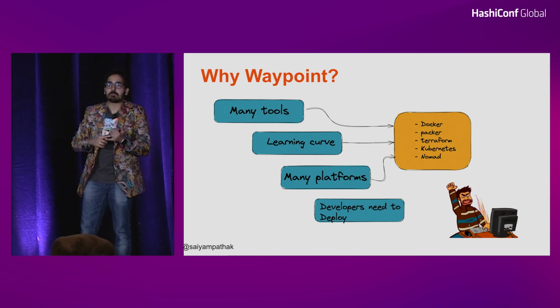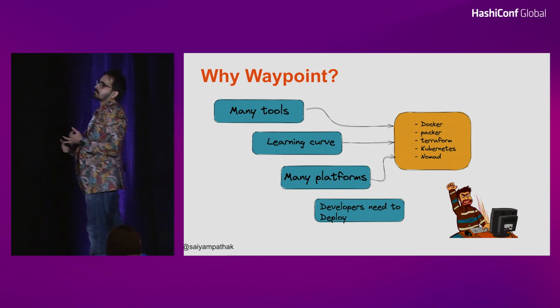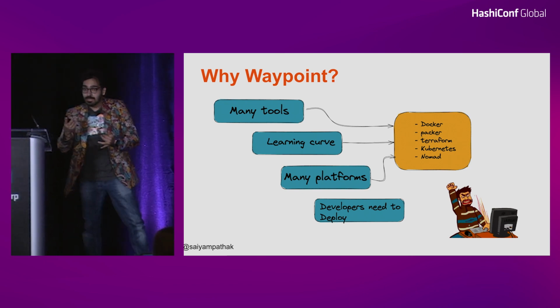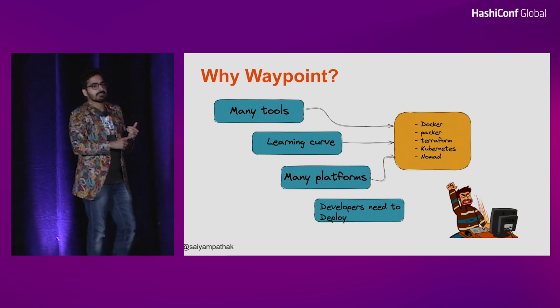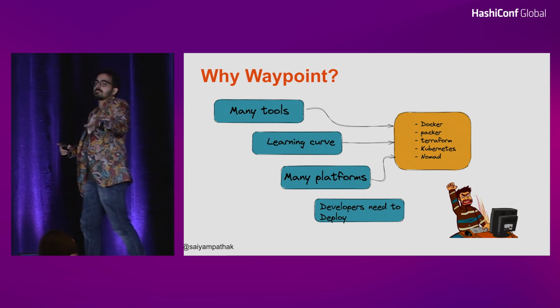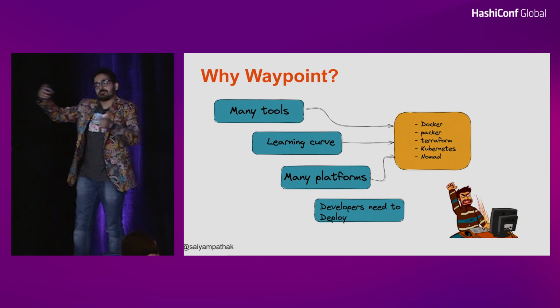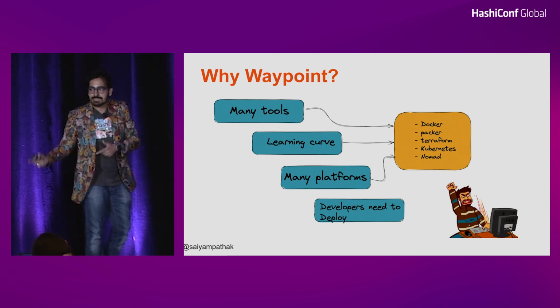You need to understand what a pod means, what a deployment means, what a service means, what a replica set means, what ingress means. Why? Because when you want to deploy your application, you will be deploying it as a deployment. So you create the deployment object, and then you expose it as a service. And then if you want to expose it to the outside world, you have your ingress controller. You need to create an ingress for that.